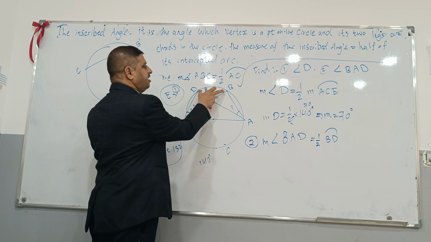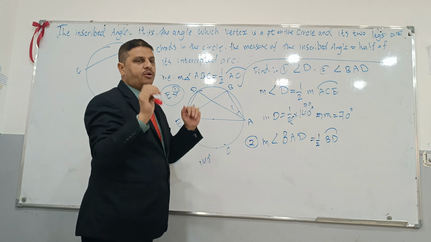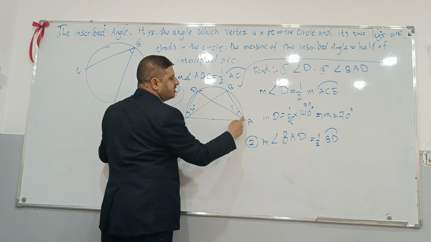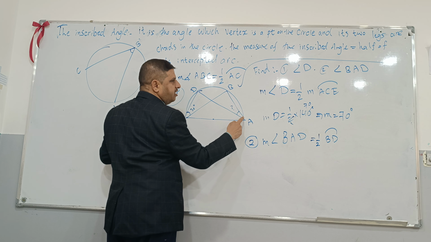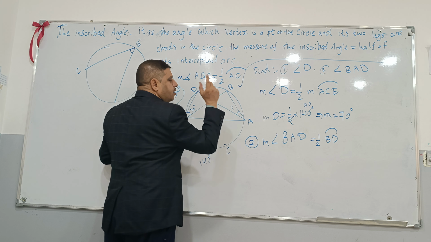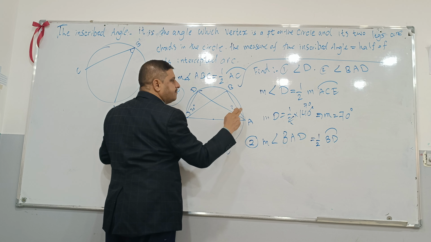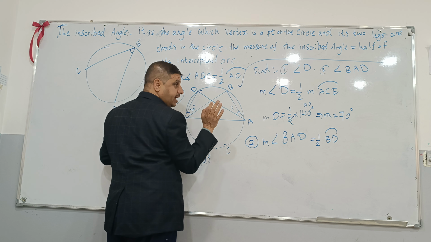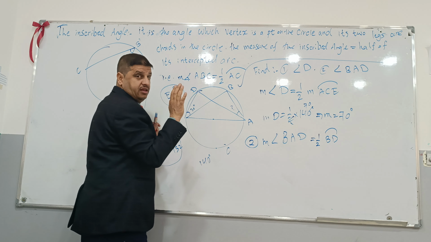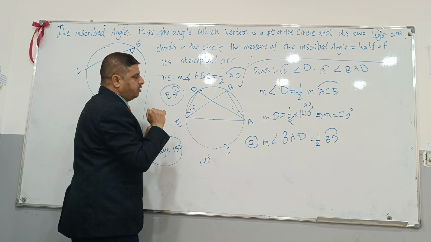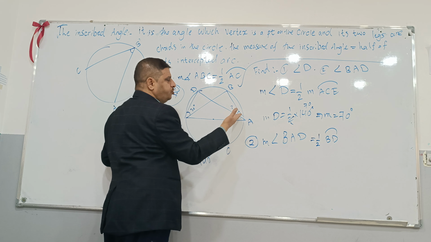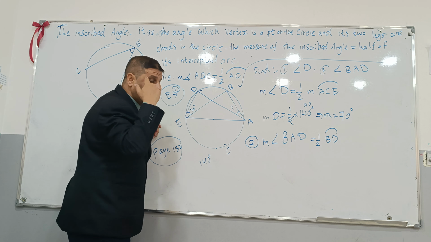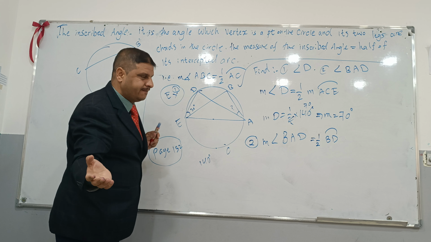Look, this arc is an unknown. This is an inscribed angle, and he wants the measure of it. It equals half the measure of the arc BD. Okay? Now, how can I conclude this measure? Now I have to think outside of the box.